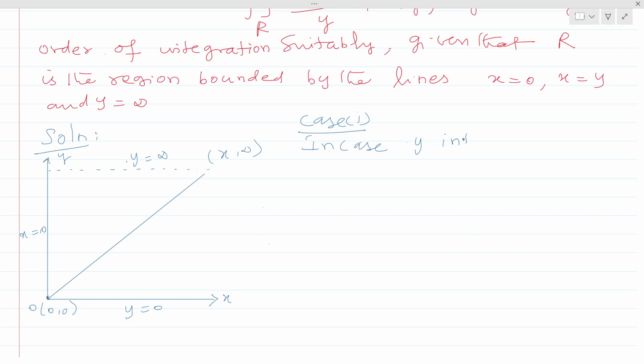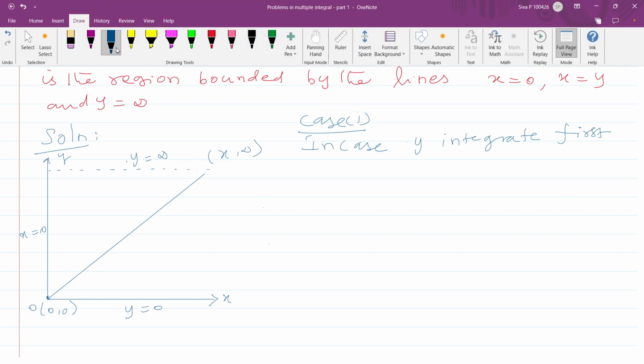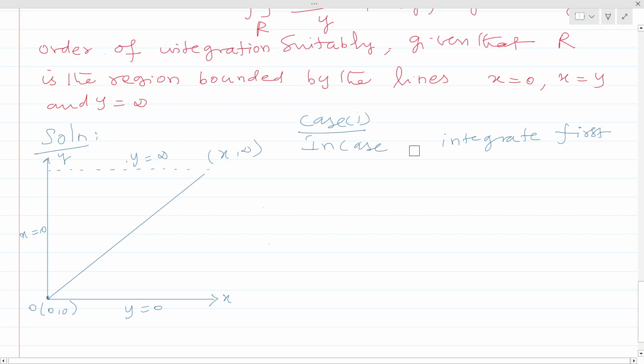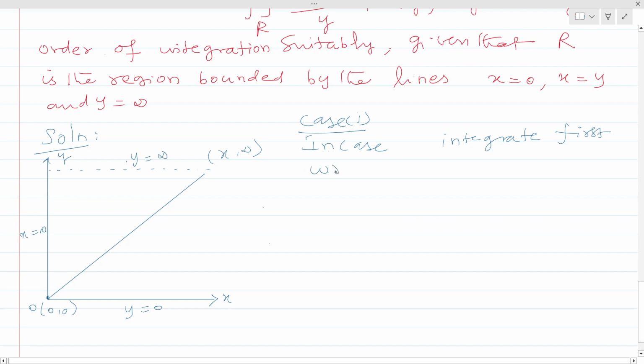That means integrate first with respect to y. With respect to y, at that time, keep x as a constant. X is the constant here.